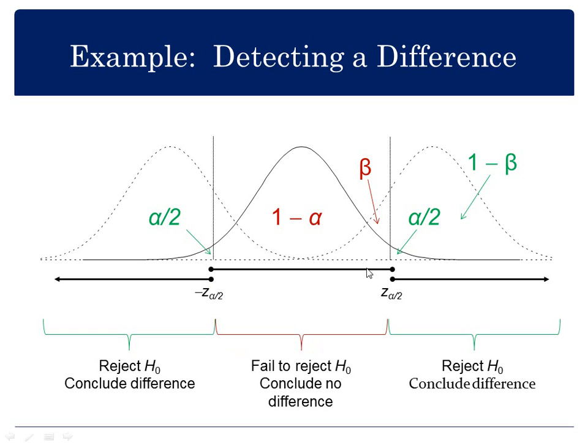But if I get out beyond that cutoff point, out here or out here, then what I am going to say is that the evidence from my data is strongly enough against that reality, where they're the same, that I'm actually going to reject that reality, and I'm going to conclude that my alternative hypothesis, that there's a difference, is the correct hypothesis.